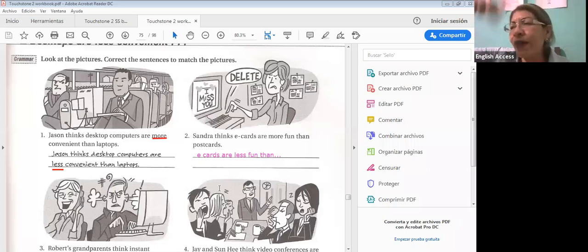You're going to write down the same information, but instead of using more, you're going to use less. Remember, you're going to change only that word. Instead of more, you're going to use less. And that's it, okay?